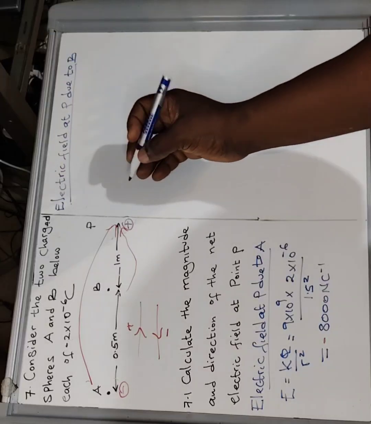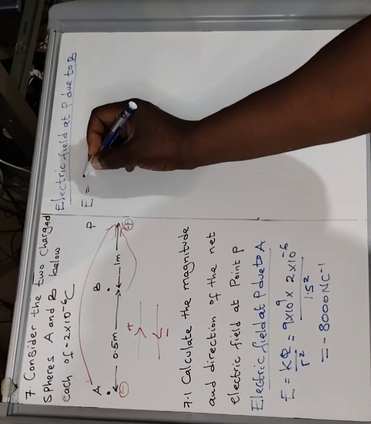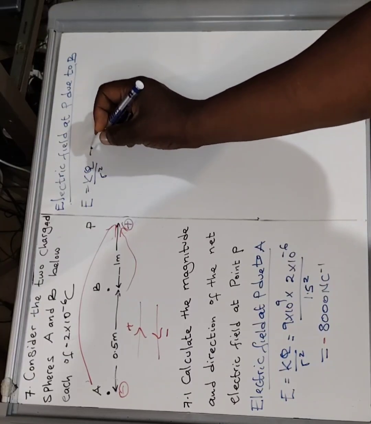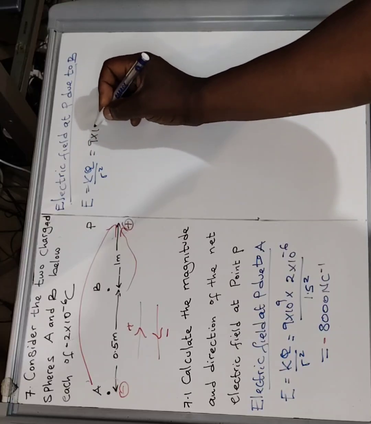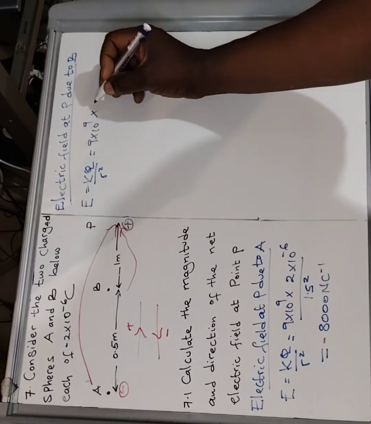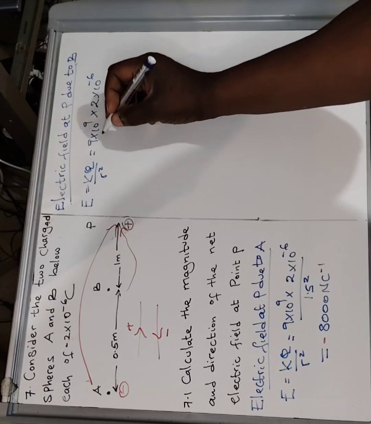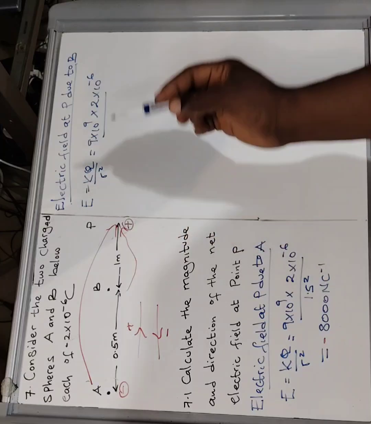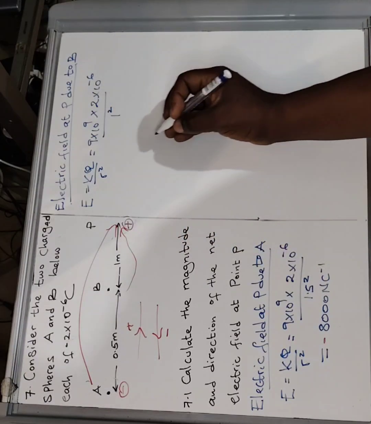We go by the same formula, which is E equals KQ over r squared, with K being 9 times 10 to the power 9, and Q being 2 times 10 to the power -6, and the distance between B and P is 1 meter squared.